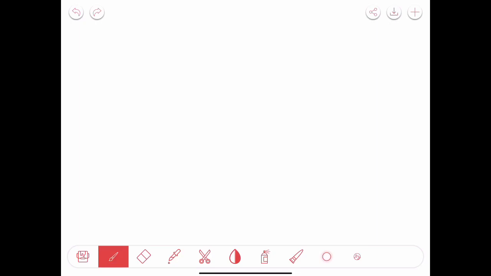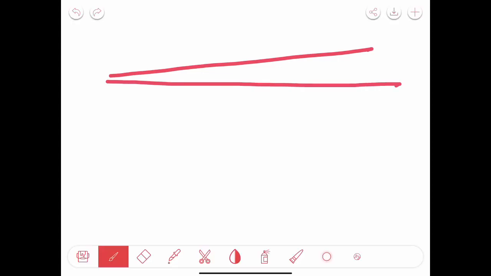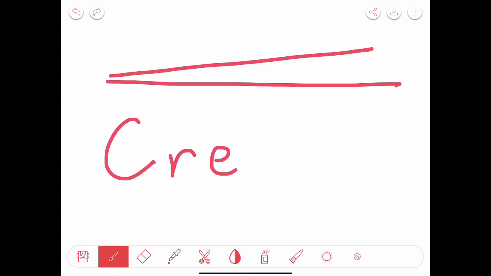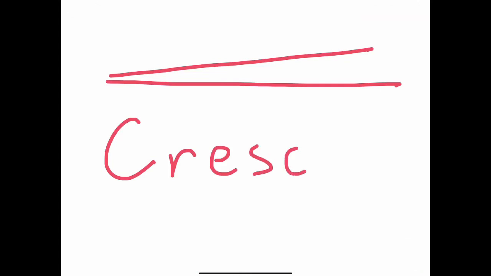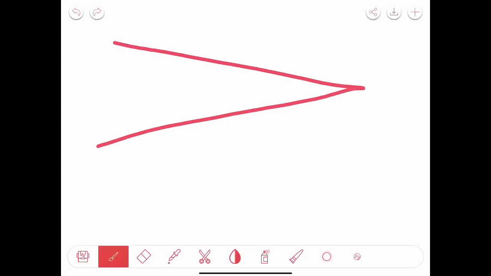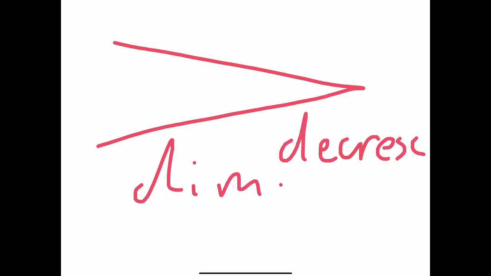Now you have the symbols that help you change dynamics. If you have something that's going like this, it's called crescendo. And you'll see it abbreviated like this. The opposite of crescendo is diminuendo or decrescendo.